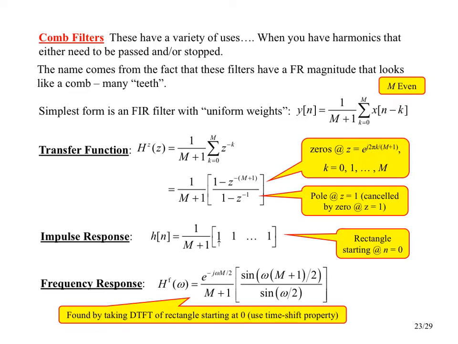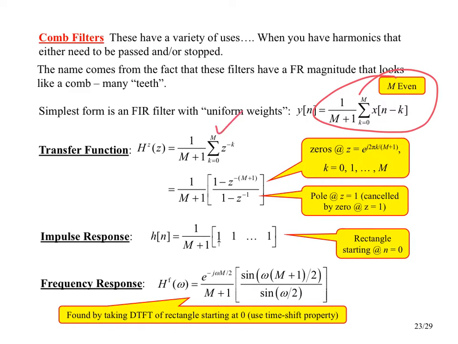So let's start off with a very simple form. We've seen this filter before. We have, for the case of m being even, we just add up m plus 1 successive samples and divide by m plus 1.